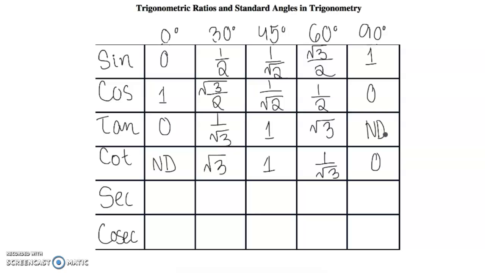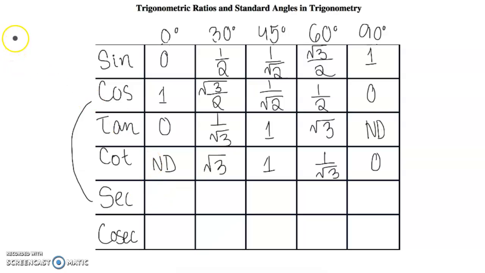For sec theta, what you're going to do is join a line between sec and cos theta. The reason I'm drawing a line is because both of these are the reciprocals of each other. So if we take the cos value, then it will be the reciprocal or the opposite of sec theta.